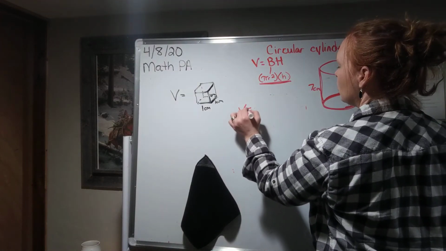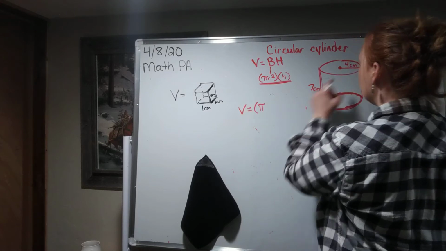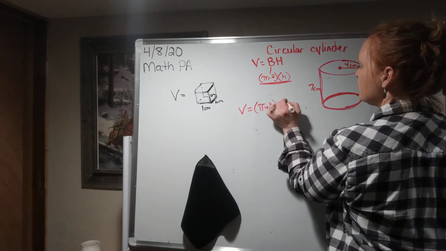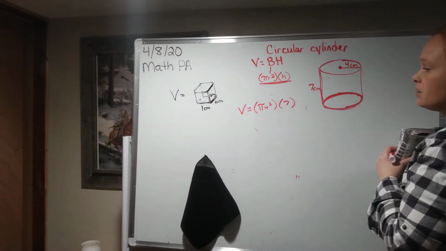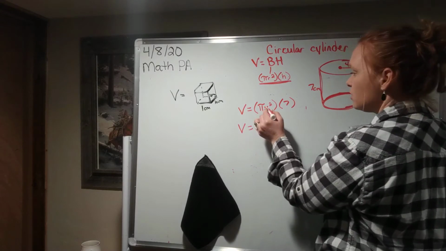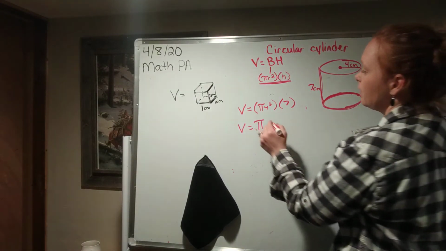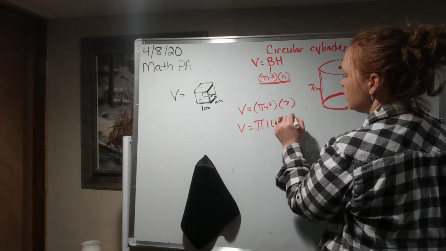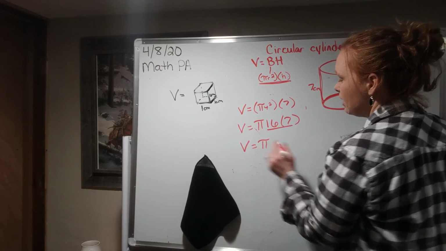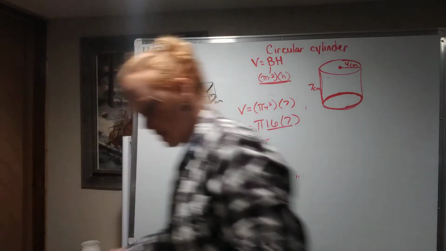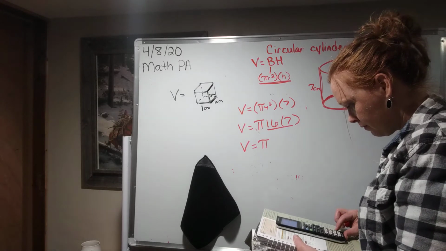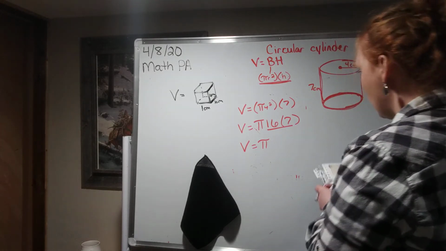The volume equals pi, the radius is 4 squared, times 7. Okay, so let's do volume equals pi times 4 times 4 is what? 16 times 7. So next I'll do 16 times 7. Volume equals pi. Let me put that into my calculator here. Hope you got 112.